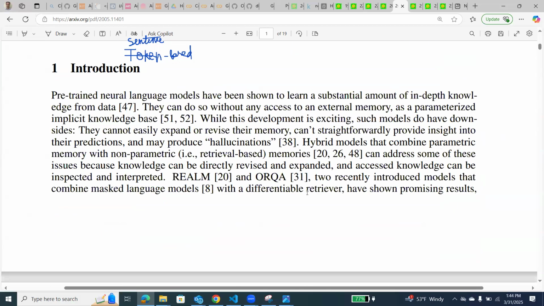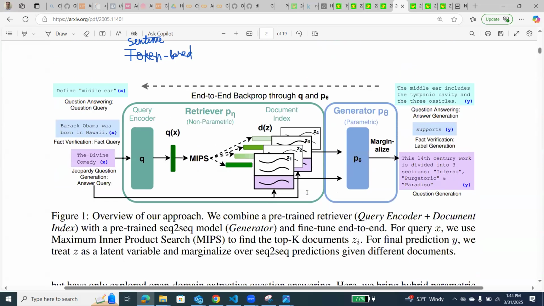But at least on the diagram, there are no trainable parameters for the retriever.